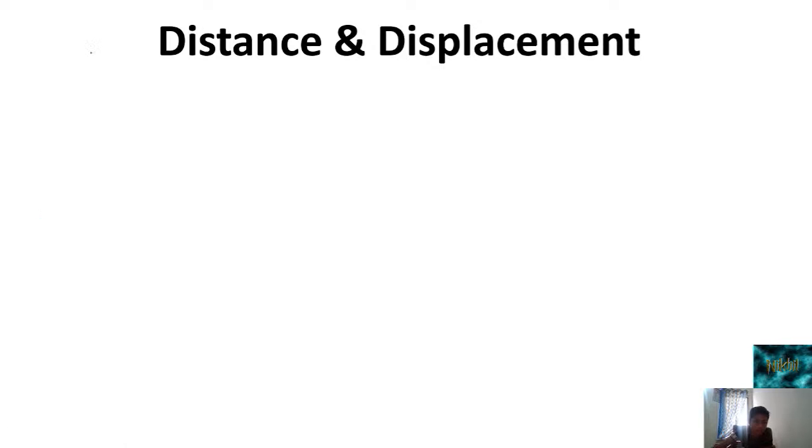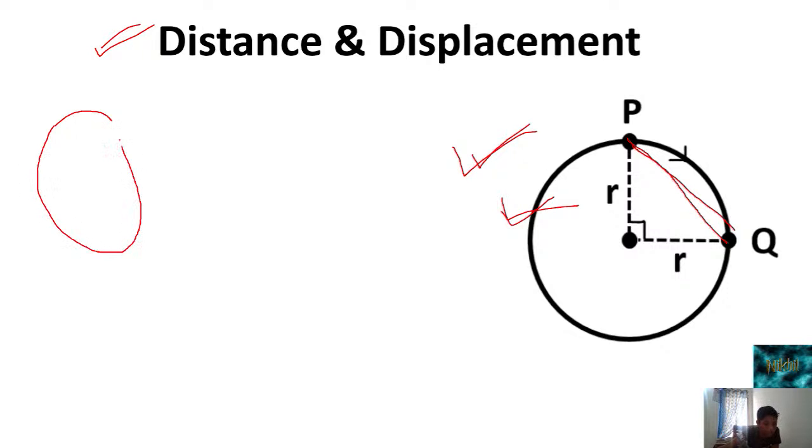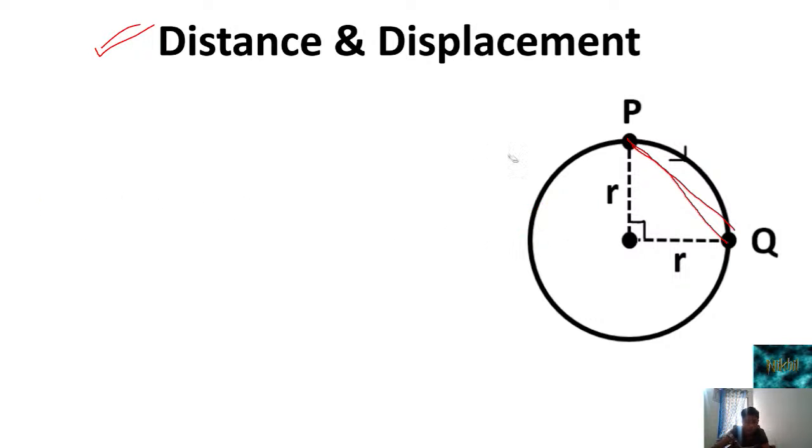So let's start with distance and displacement. If you are given a circle and told to find the distance and displacement, the shortest path, then what will you do? As in the last chapter I told you, we have circles today, so no need to fear.